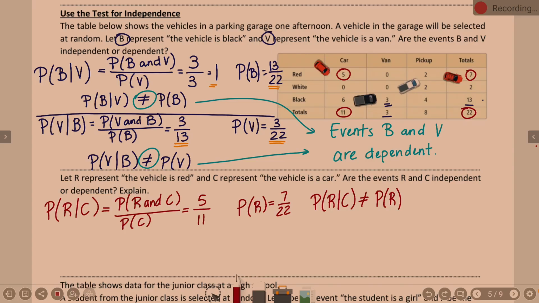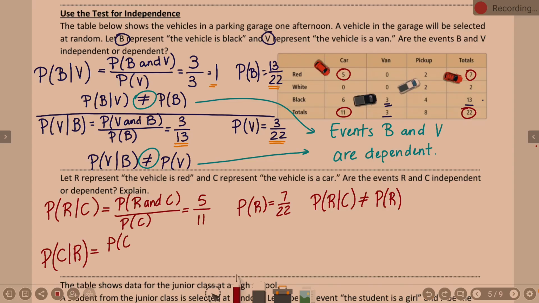Does that basically veto independence here? It does. We're going to go ahead and just practice and double check the other one. Reverse this. So we did probability of R given C. Now, what are you doing? Probability of C given R. On top, it's still both.